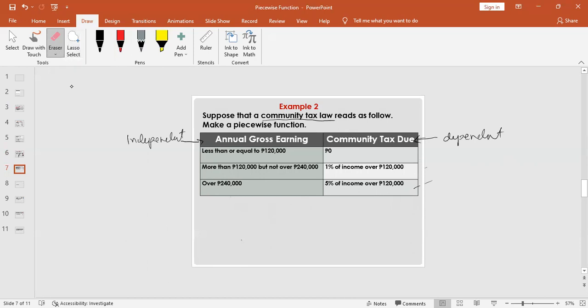Okay. So, since wala namang variable na naka-indicate dyan, tayo na lang gumawa, tayo na lang mag-represent f of x. Okay? Yung nasa loob, yan yung parating independent variable. Okay? So, ito yung x, ito yung f.